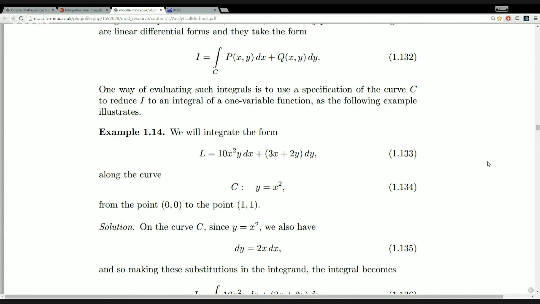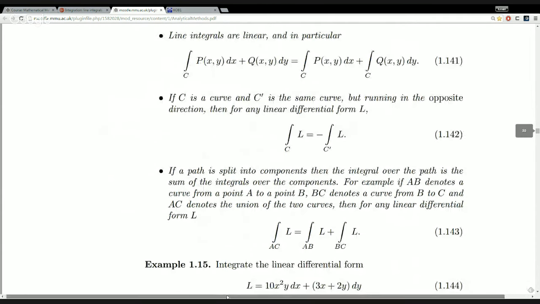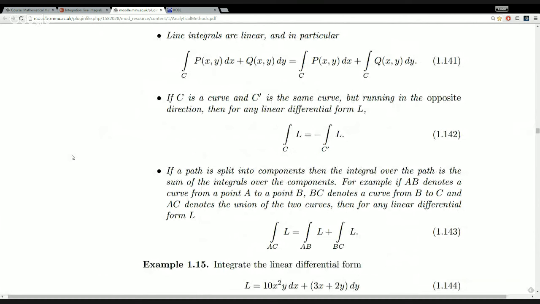Then go on and have a look at theorem 1.4 on the following page, on page 24, which lists some properties of integrals. These are some basic properties of line integrals that we're going to make use of, and we can use these to help us evaluate line integrals.